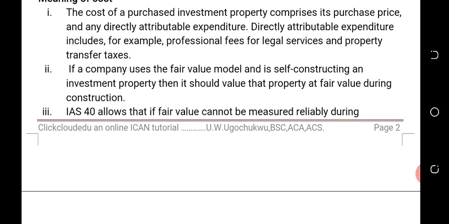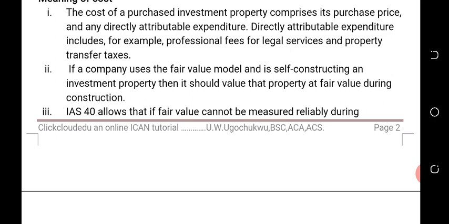Two, if an entity uses the fair value model and is self-constructing an investment property, then you should value that property at fair value during construction. So mostly the standard favors the fair value model.